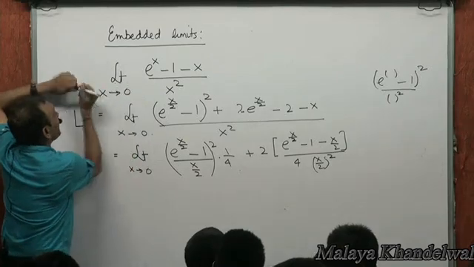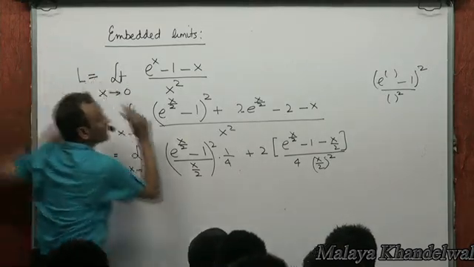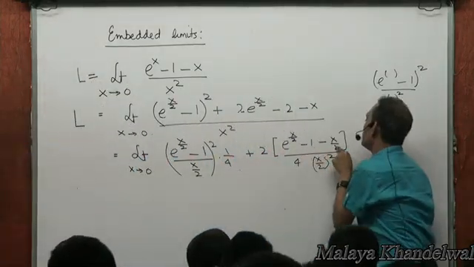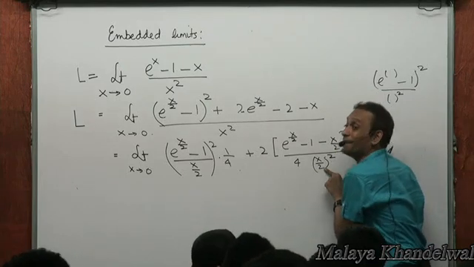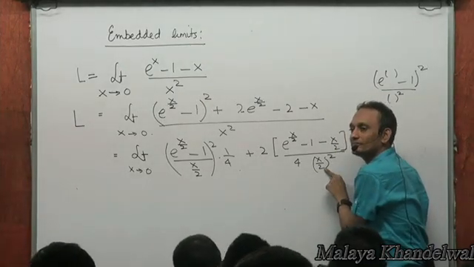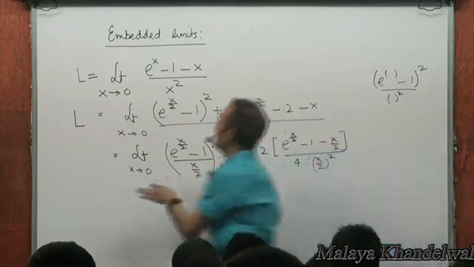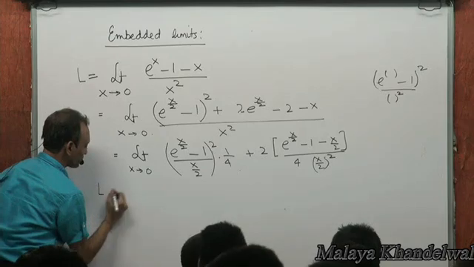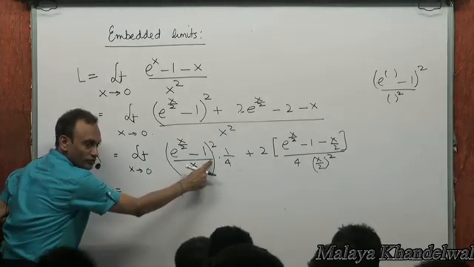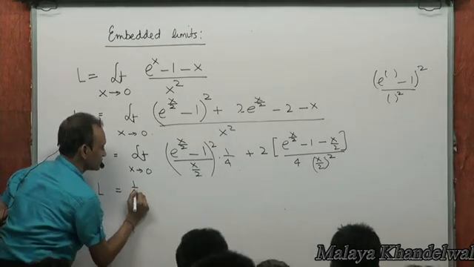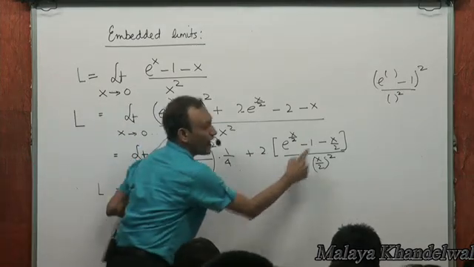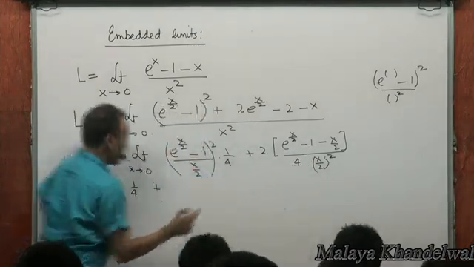So if this was L, then e power something minus 1 minus something by something squared will also be L. Yes or no? So then L equal to, this would be 1 by 4 plus, this would be half of L, yes or no?